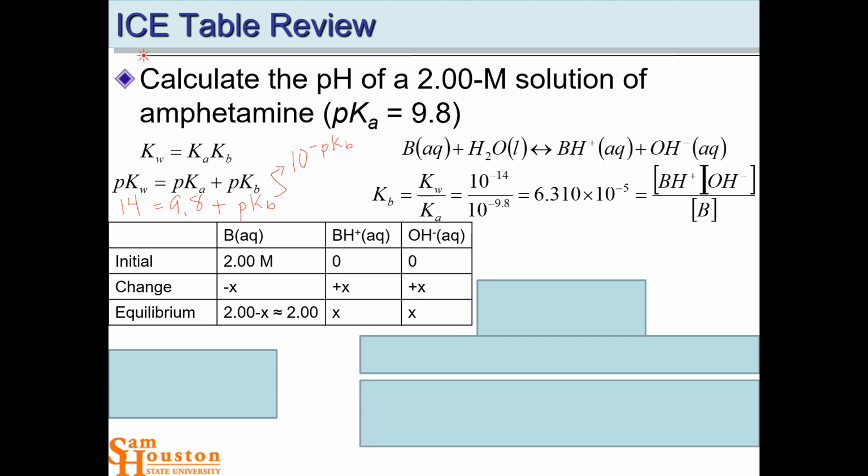Now we're making an assumption here. We're saying that 2 minus X is essentially 2. Remember our significant figures when we're adding and subtracting? So when we're adding something that's really small, it's way down there in the decimal place, and we could add it, but then when we round, it's going to disappear.